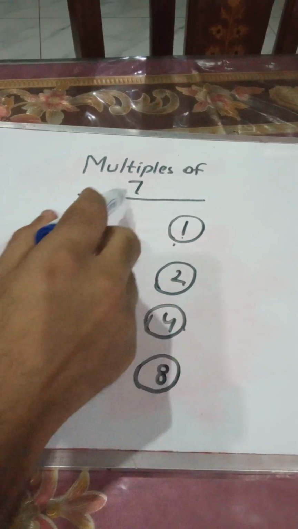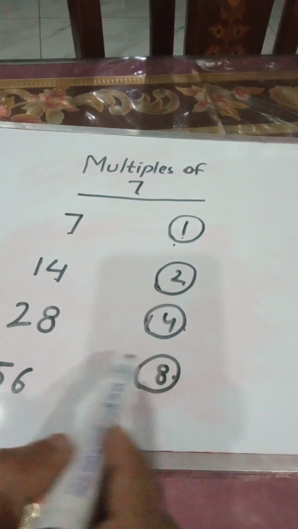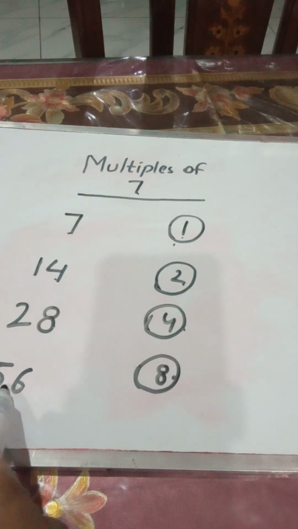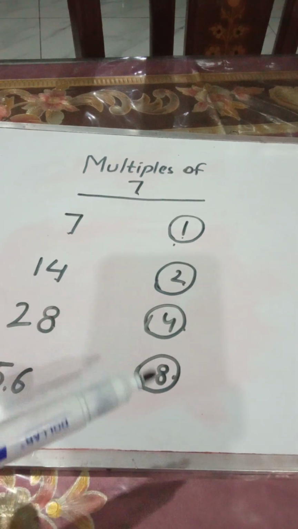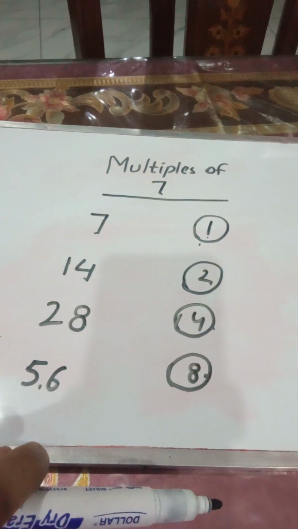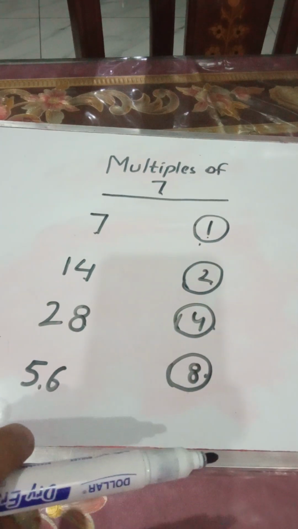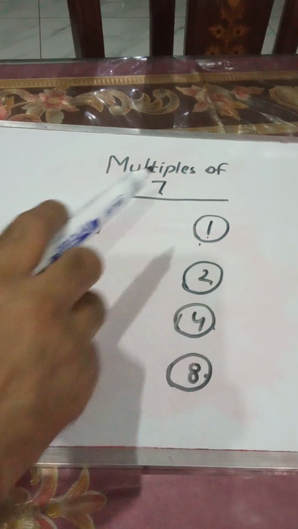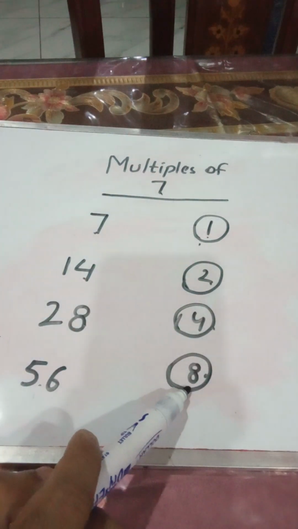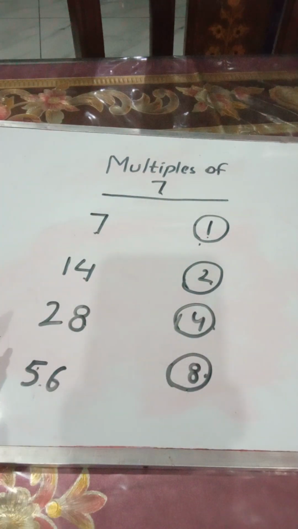So it means 7 8 times is equal to 56. If you multiply 7 by 8, you will get 56.